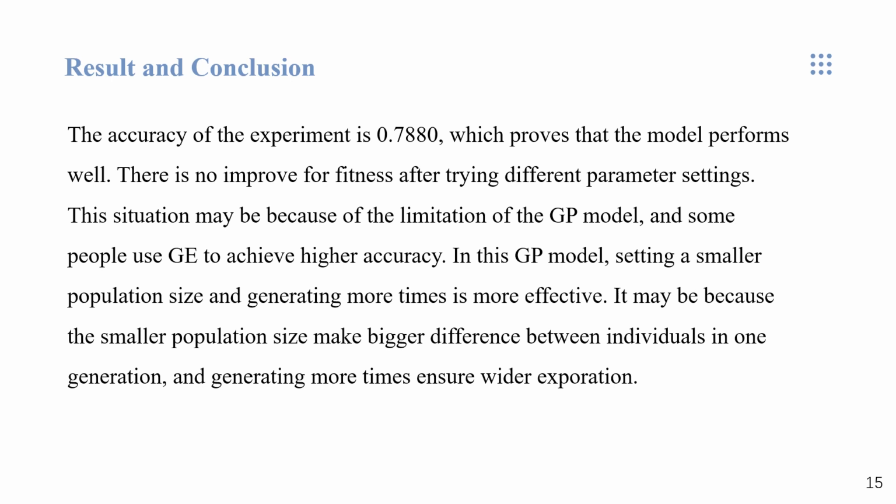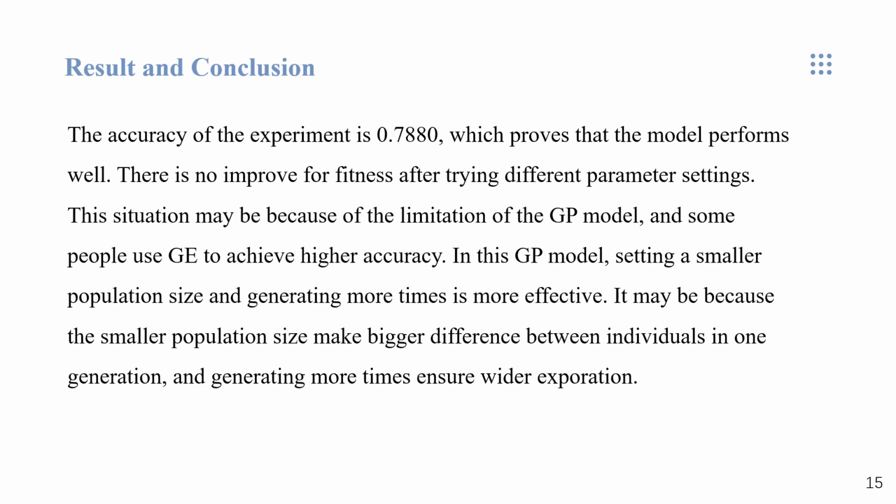There is no improvement for fitness after trying different parameter settings. This situation may be because of the limitation of the GP model, and some people use GE to achieve higher accuracy.